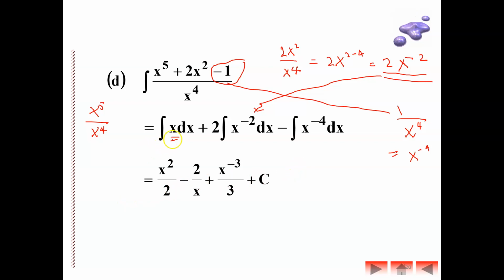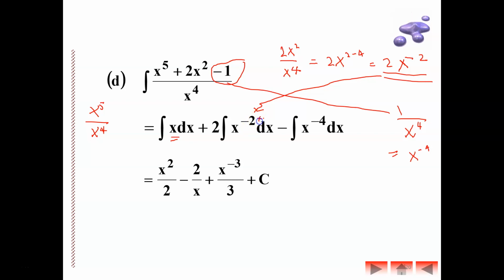Okay, so again, you just integrate it. Normally, integrate x, you get x square over 2. Minus, why does it become minus? Because here there is this. So, integrate x to the power of negative 2, you get x to the power of negative 2 plus 1.